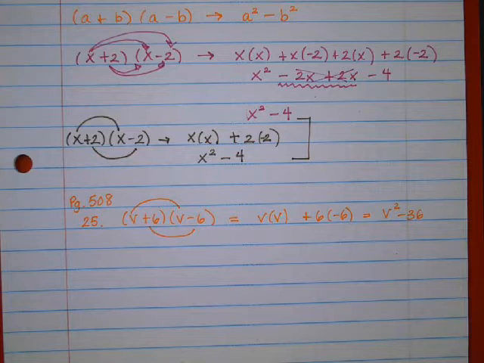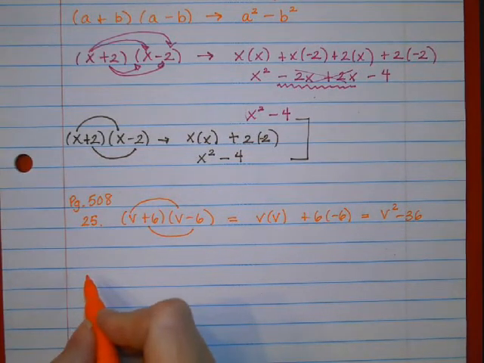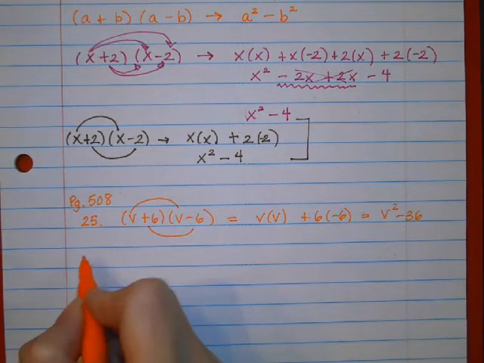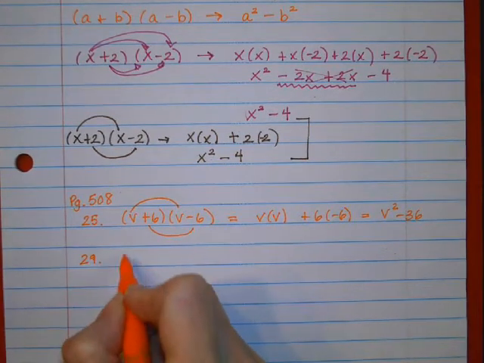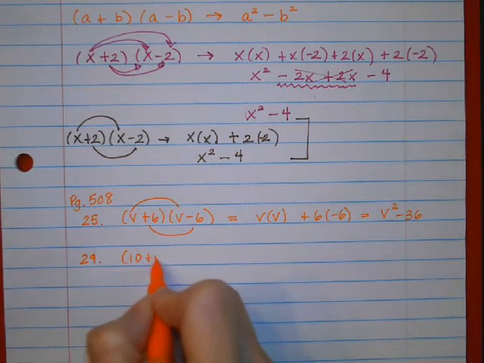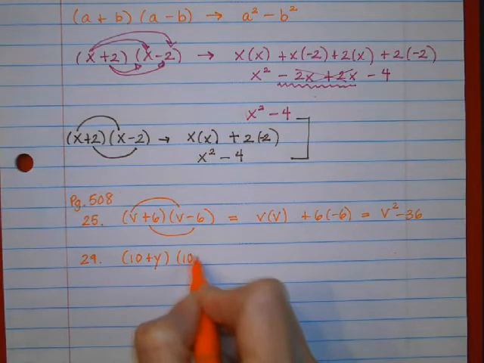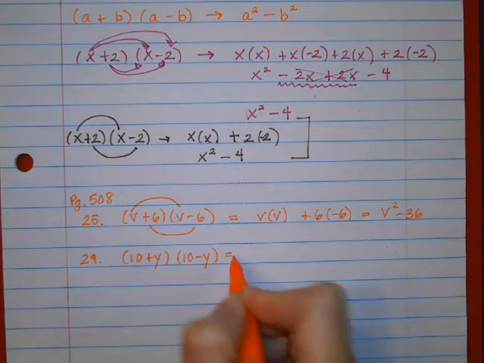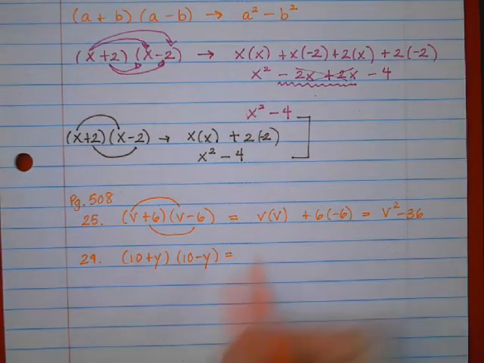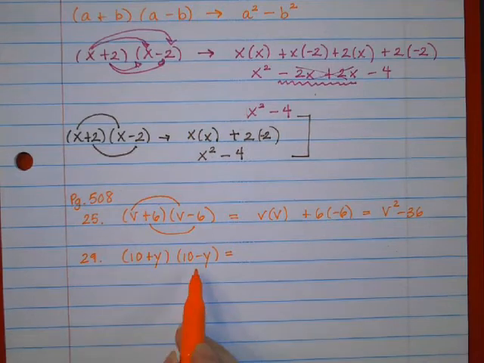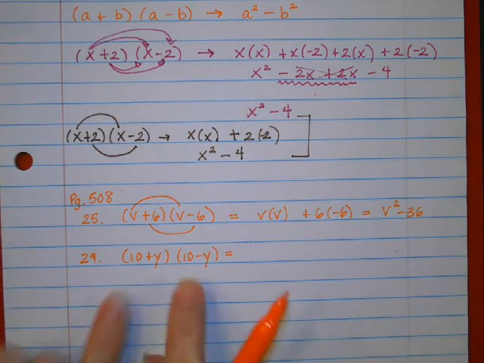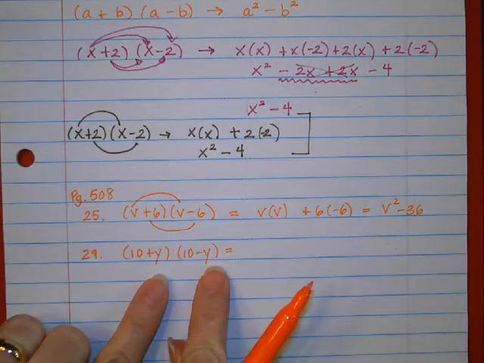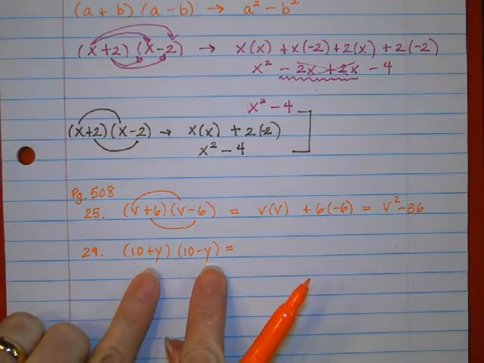We're going to do 10 plus y, this would be number 29. So we're going to do 10 plus y times 10 minus y. All right, so this is a sum times a difference, not just because the signs are different, but because both first terms are 10 and both second terms are y.